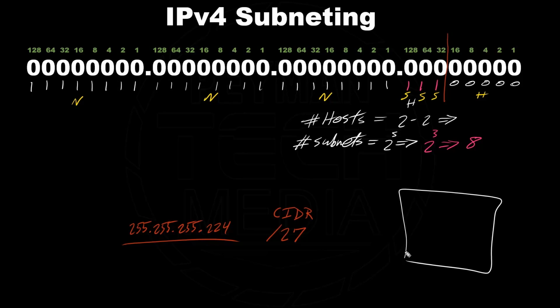So breaking down this big box into 8 smaller boxes. So after subnetting, our big box is divided into 8 smaller boxes. So let's draw 8. 1, 2, 3, 4, 5, 6, 7, 8. So here are 8 smaller boxes inside this one big box.